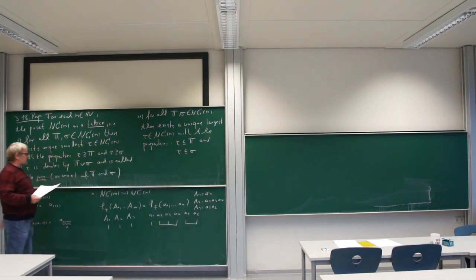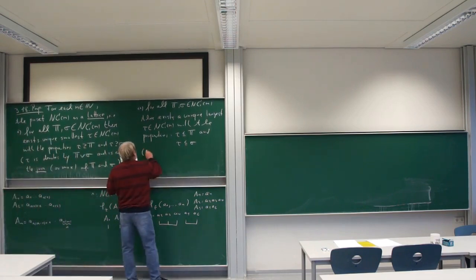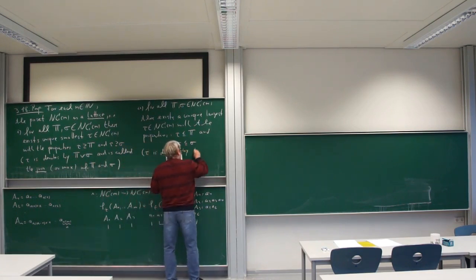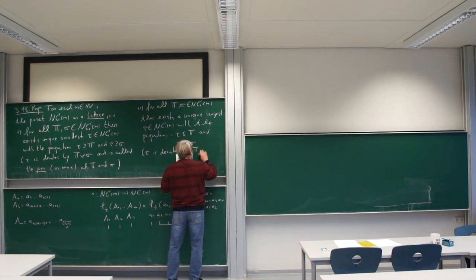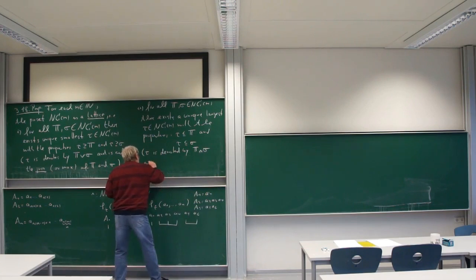If such a thing exists, then we call it the meet of pi and sigma, and we denote it in the following way: this tau is denoted by pi meet sigma.